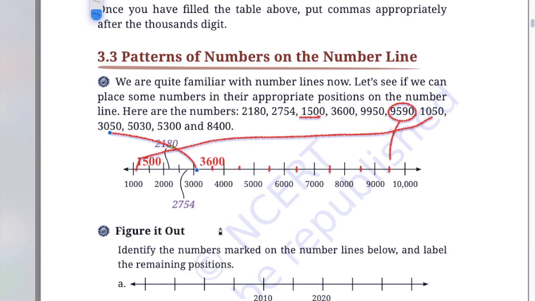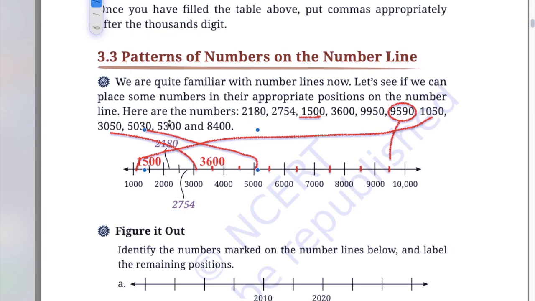So you can draw this number line in your notebook and just mark the places and write the numbers. 5030, just 30 more than 5000, so it will be somewhere here, because this is all 500.